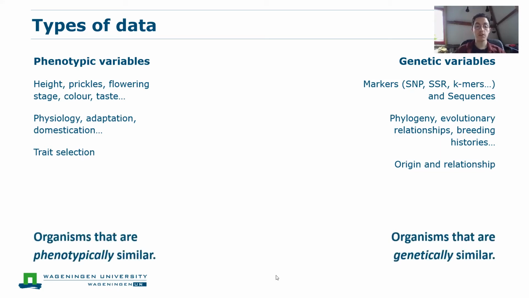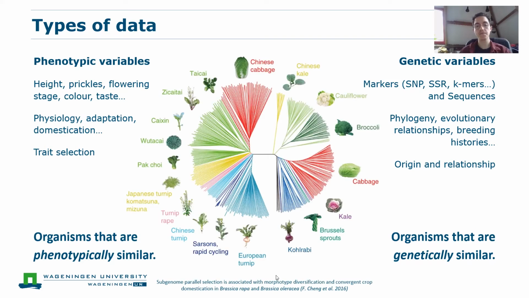This is very important because in the end, if we cluster based on phenotypic variables or if we cluster based on genetic variables, we will obtain different results. With one, we will see those organisms that are phenotypically similar, and with the other, those that are genetically similar. And there is a very good example in Brassicas, in fact, with Brassica rapa and Brassica oleracea.